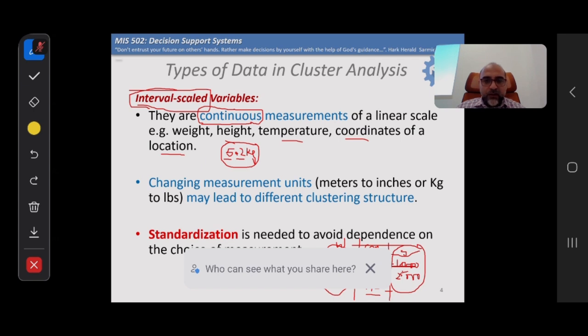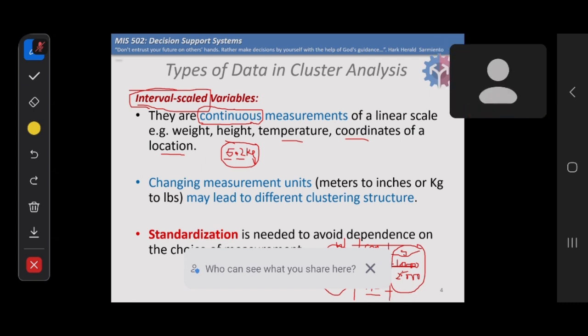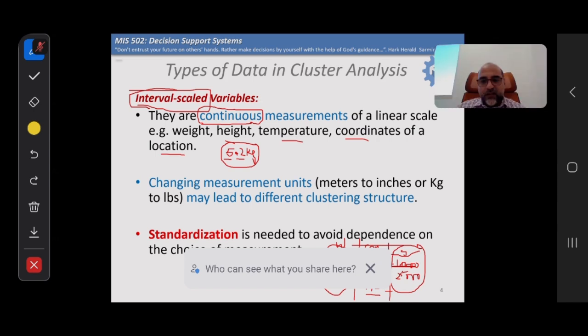Could you repeat? Yes. So what I'm saying here is that imagine you have three variables in order to do clustering: X, Y, and Z. The Z scale is much higher than the scale of Y and the scale of X. You can see that Z is in thousands, while X is in tens and Y is in hundreds.